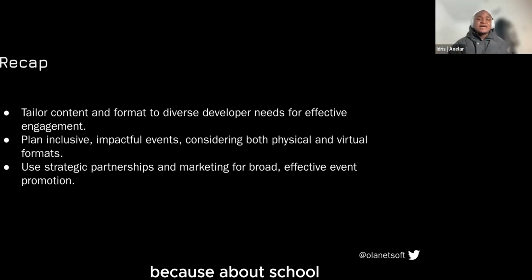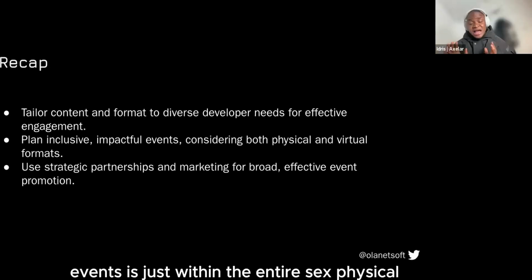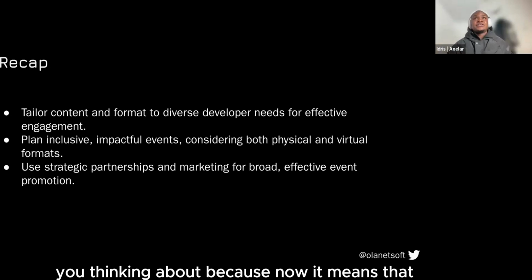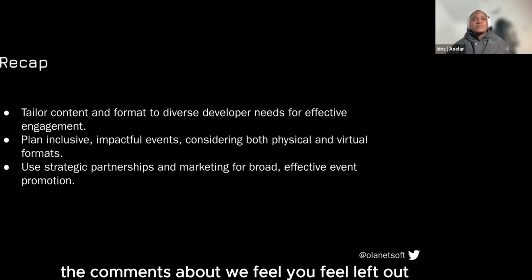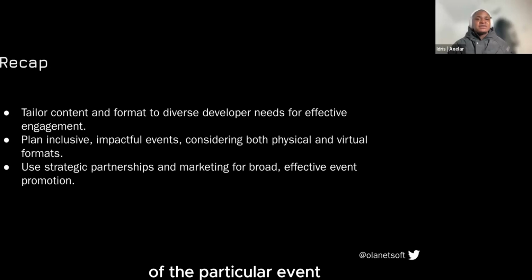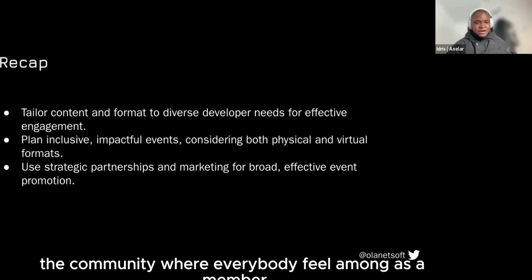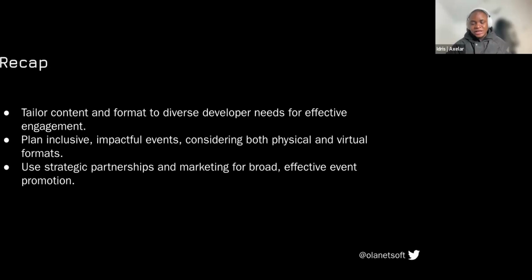It's a physical event, which is harder than you think, because now the community members will feel left out of that particular event, which means that you are not building an inclusive ecosystem within the community where everybody feels among as a member.